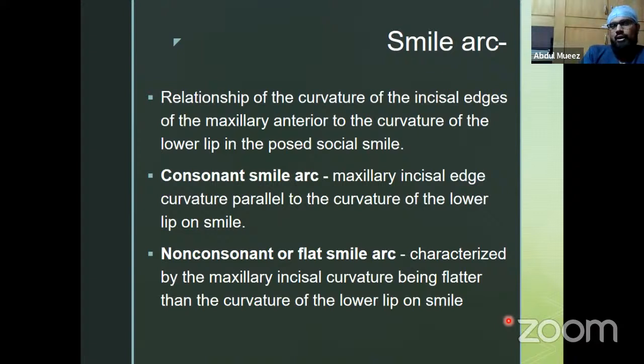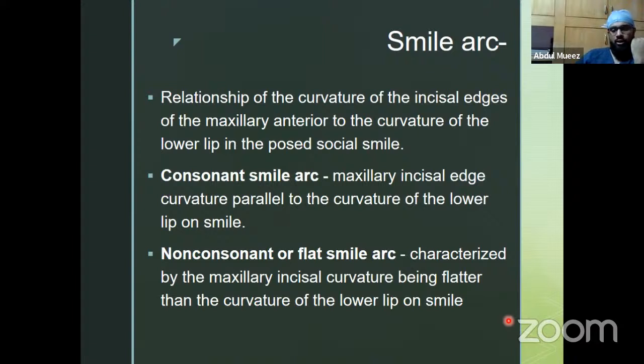If the curvature of your lower lip is parallel to the incisal edges of your upper teeth, then it is called a consonant smile arc. If they are not coinciding, if it is flat, then it is a non-consonant smile.